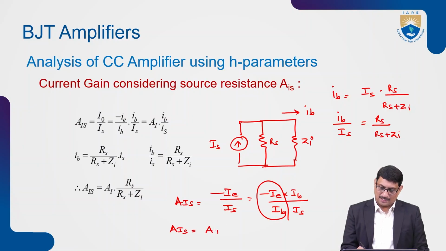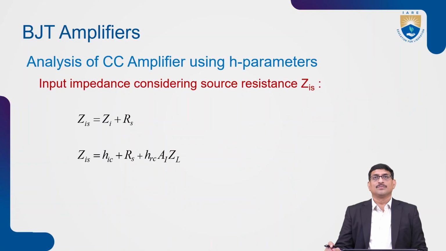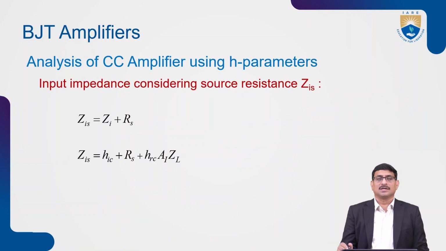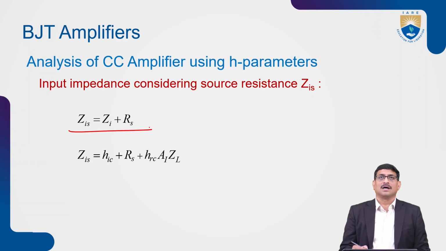AIS is equal to AI into IB by IS, whose value is RS divided by RS plus Zi. So this is the current gain by taking the source resistance into consideration. In a similar way, we have the input impedance and output admittance. The input impedance is in series with the source resistance. Therefore, ZIS becomes Zi plus Rs.